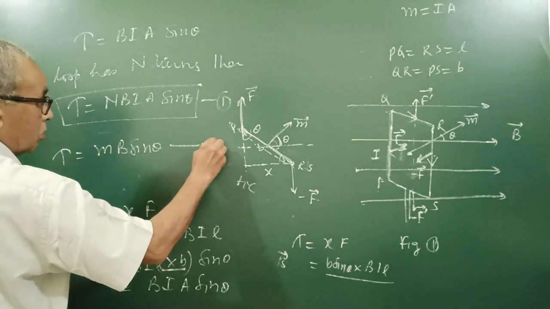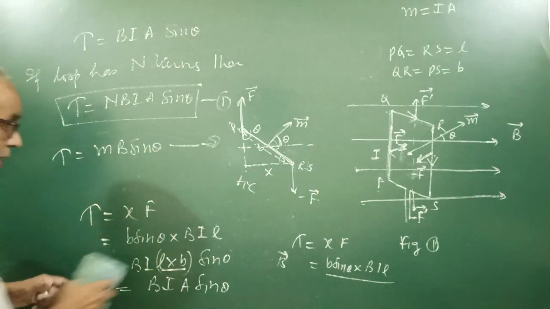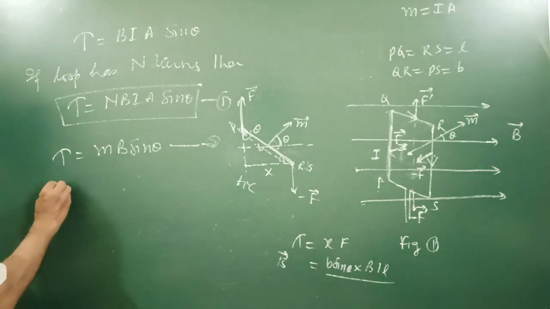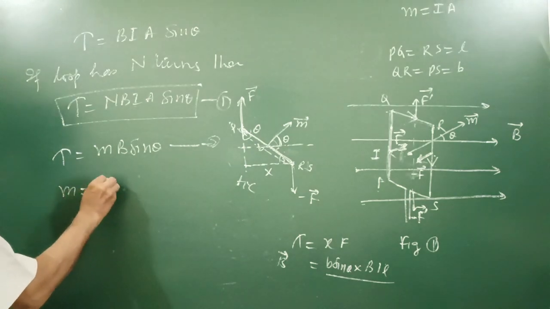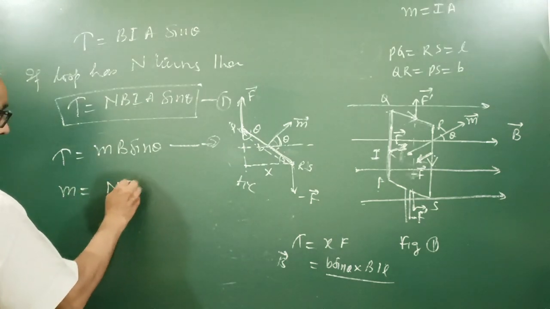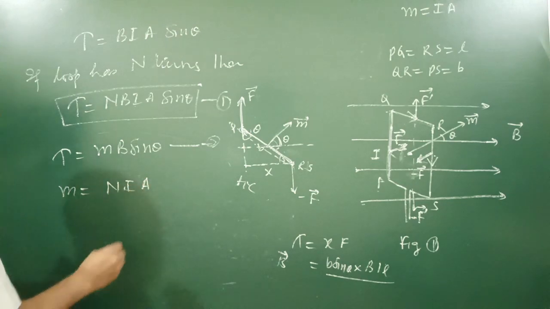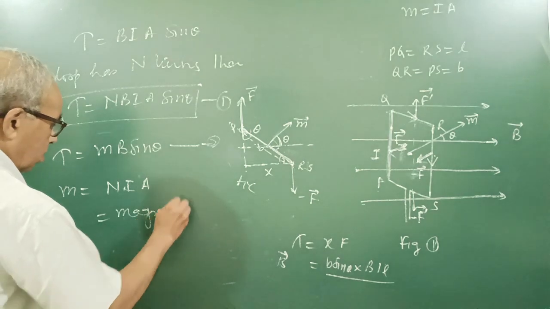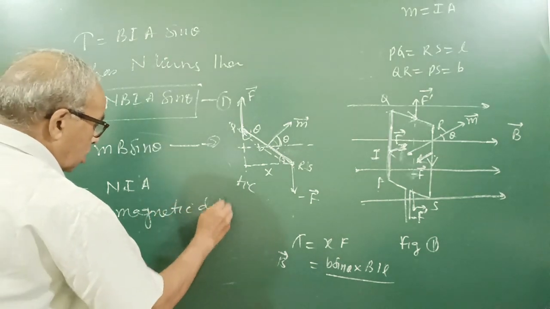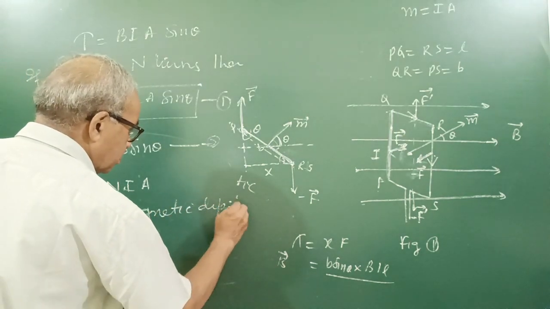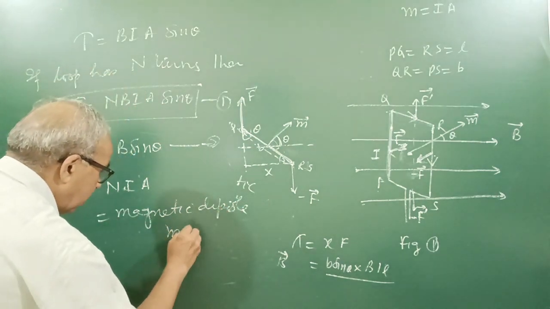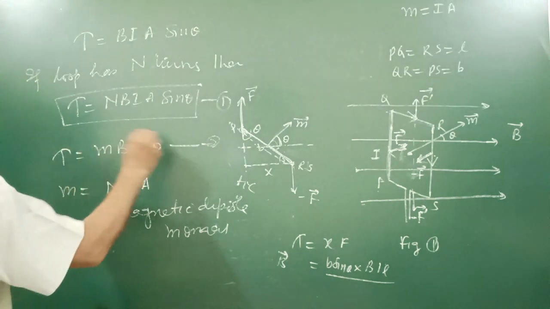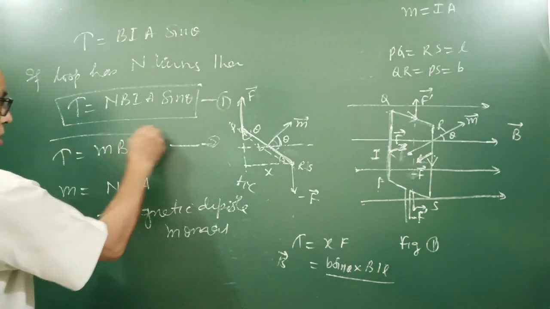Equation 1, equation 2. Here what is M? M is equal to NIA, that is, magnetic dipole moment. Equation 2.